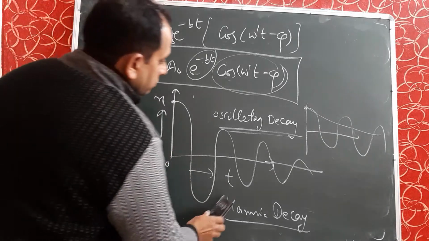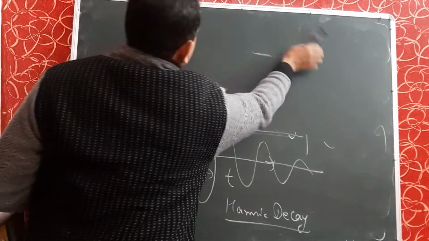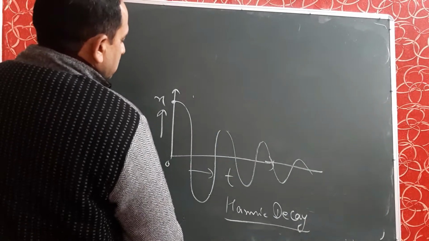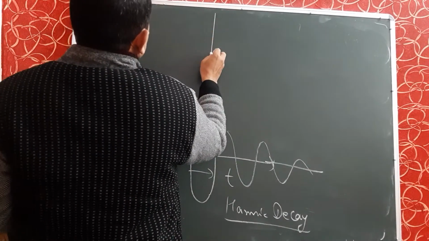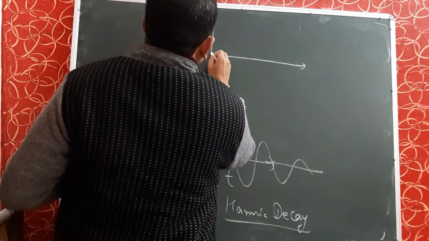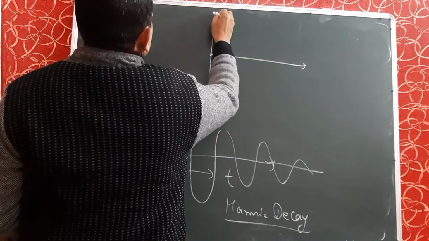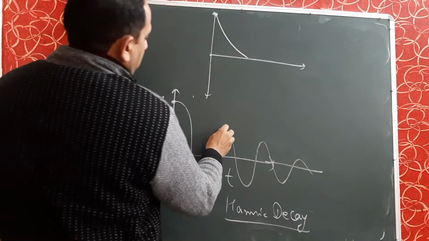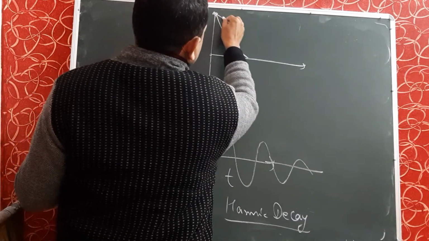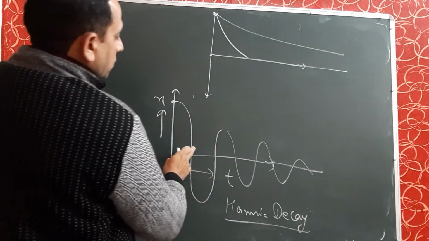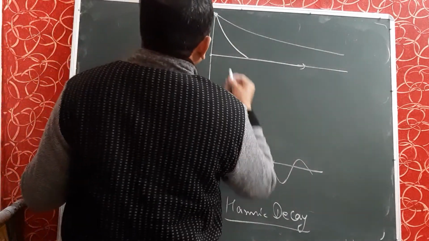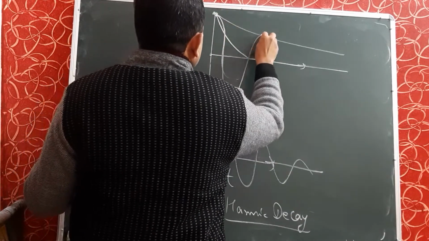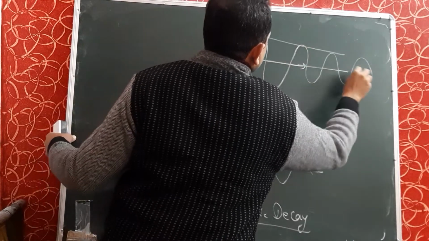So, we have studied 3 different cases of the damped oscillator. If we combine all these graphs, the first, second and third case, then we will get this type of answer. From here, this is heavy damping, second, critical damping, which is along this side, and third is harmonic damping or light damping.